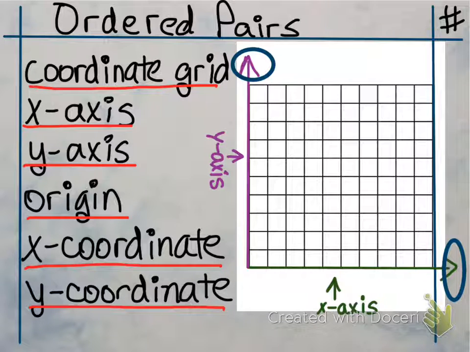So right there would be the origin. The origin is where the x and y axis intersect, and it is where both x and y have a value of 0 on our coordinate plane.